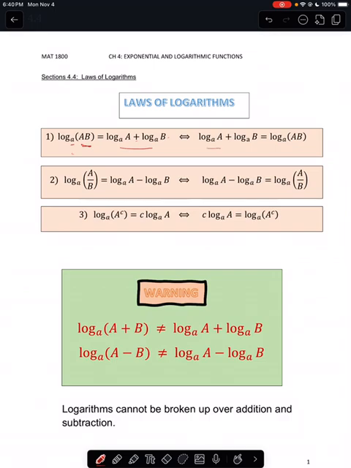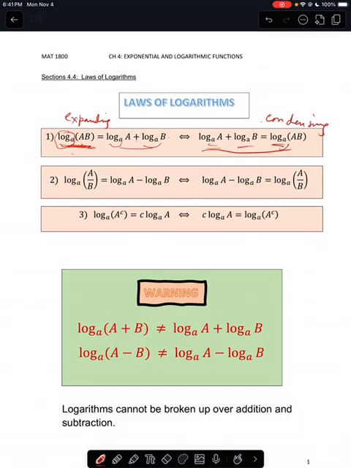Notice on the left side we have one log term, and here we have two log terms. So this is called expanding the logarithm. And on the right hand side over here we have two logs and we converted it into one log term. So this is called condensing.